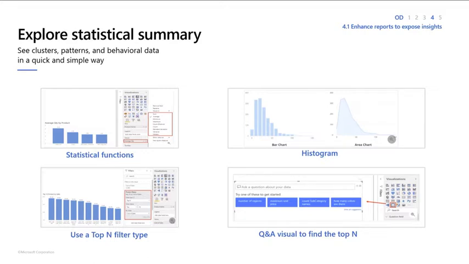Beyond that, you could also use something like a top-N filter type, where you really can control in your report itself how many top records are being used to provide the visualizations. Take product categories as an example.